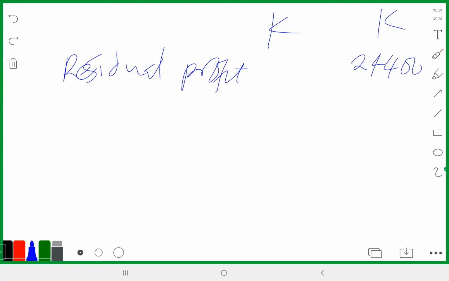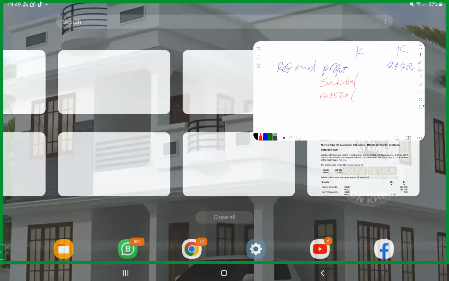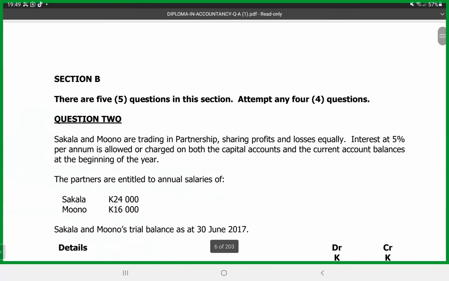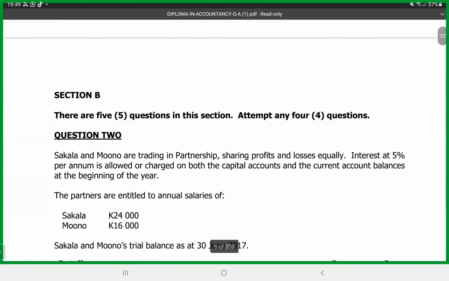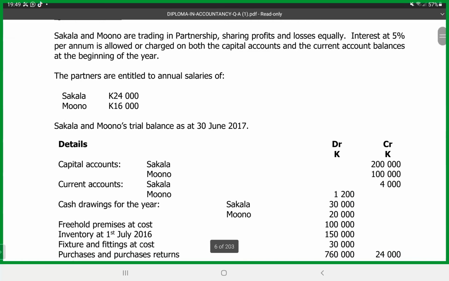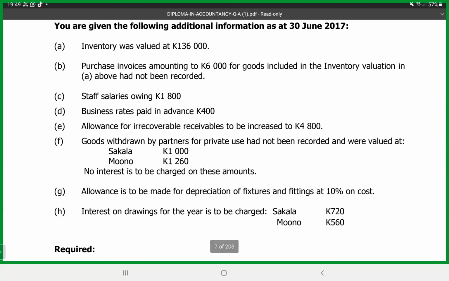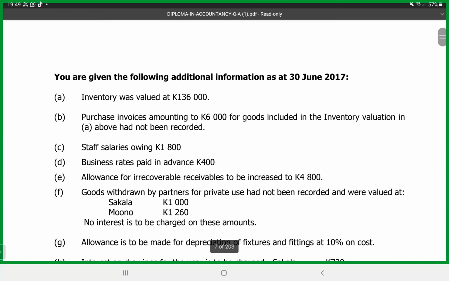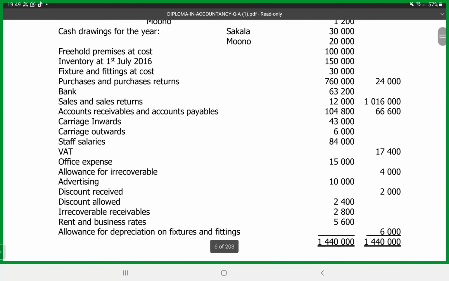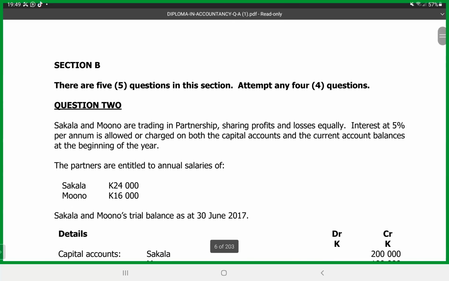How are they going to share the profit? The partners are Sakala and Mono. So we go back to the question and see how they are sharing the profit. All the information is usually given in the question.